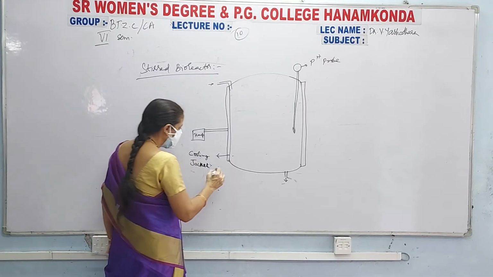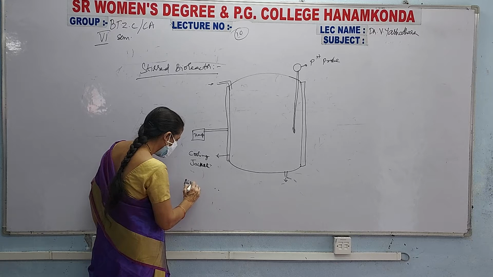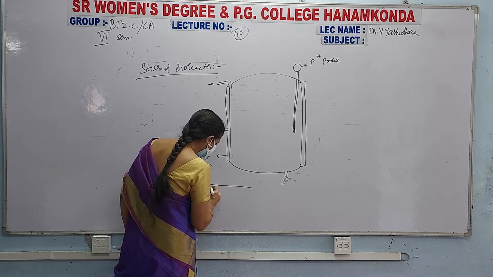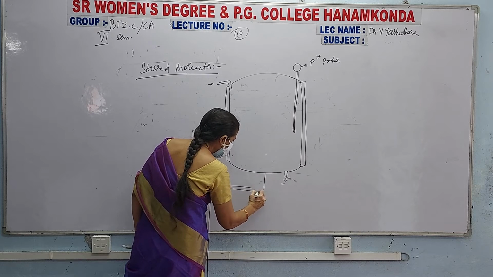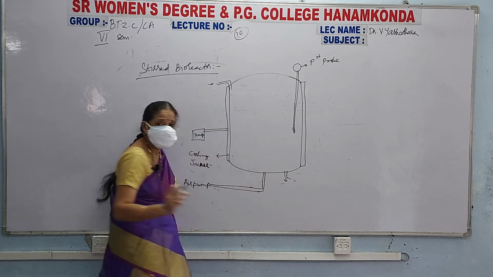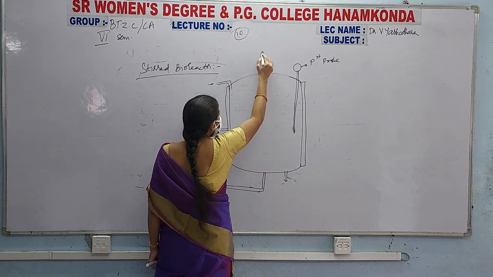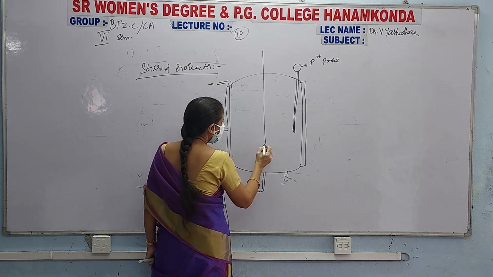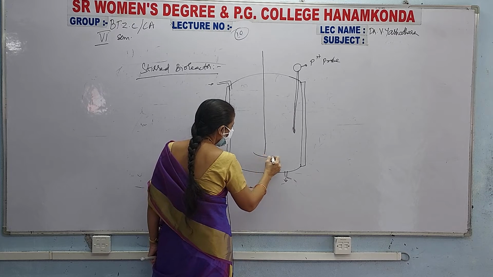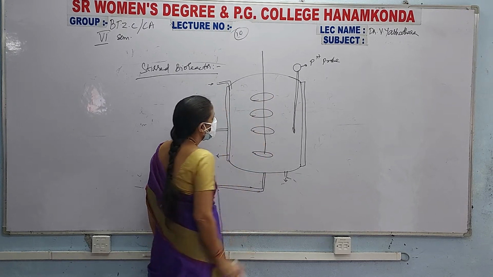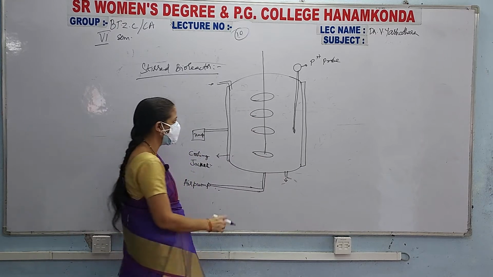Next, it should have an air pump, and this air pump is connected at the bottom, pumping the air. Next, at the bottom it also consists of turbines. See here, 4 turbines, as you like.